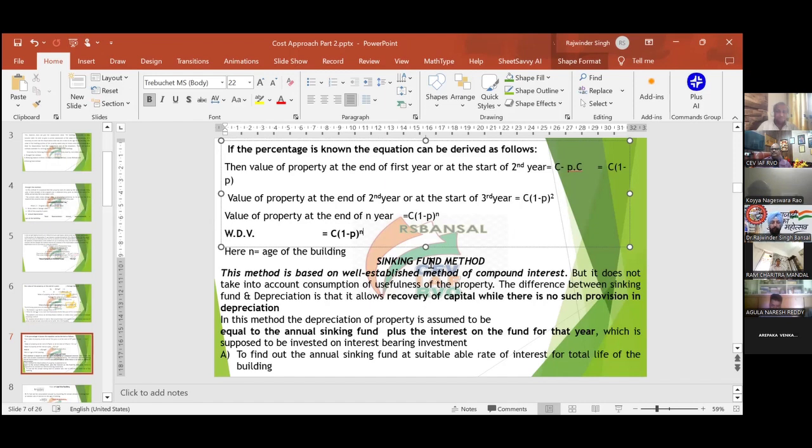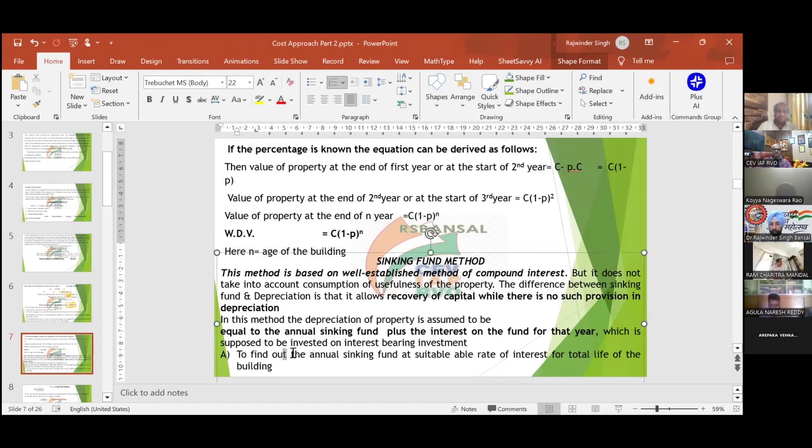So the method here is basically to calculate the sinking fund coefficient for the whole life of the building and the amount of rupee which has been deposited in the bank at the age when you are doing the valuation. You multiply both of them.